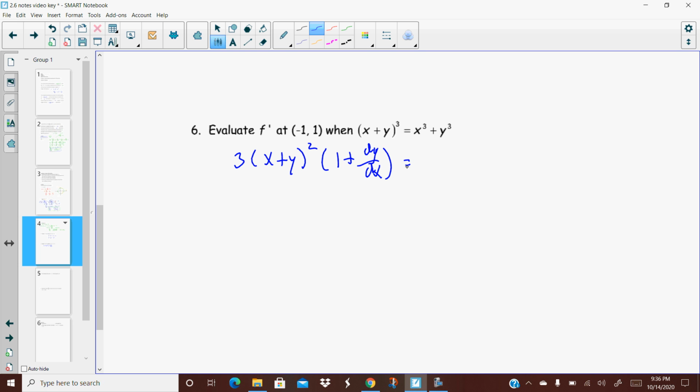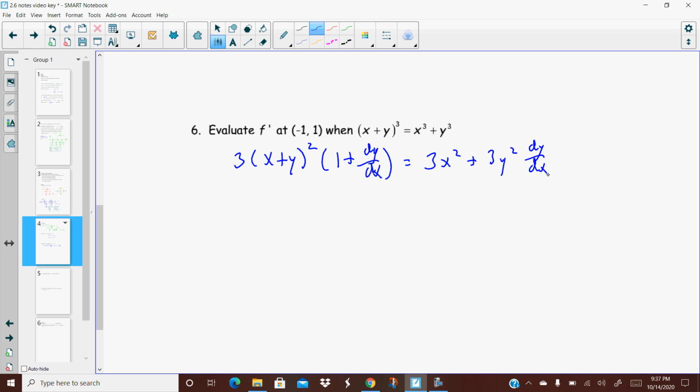And then the derivative of the right side is going to be 3x squared plus 3y squared dy over dx, because remember, you have to do the y part implicitly. Okay, it says we're supposed to evaluate f prime when x is negative 1 and y is 1 at that point. You could solve this for dy over dx.